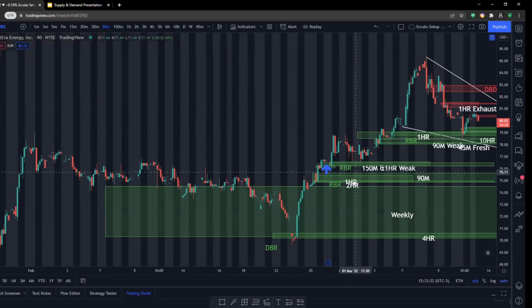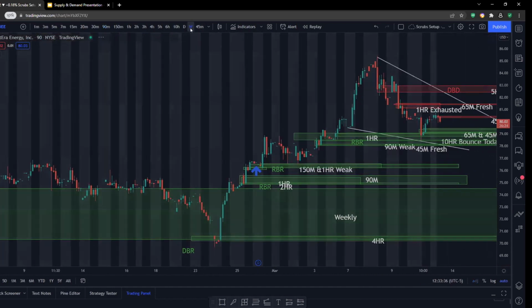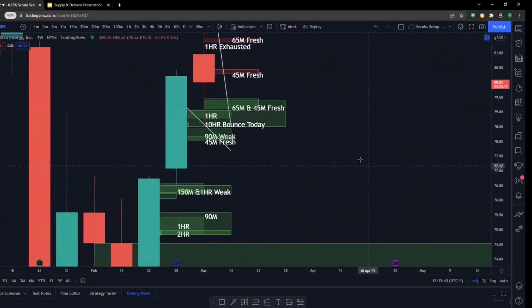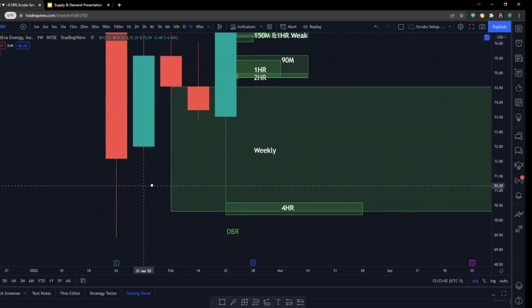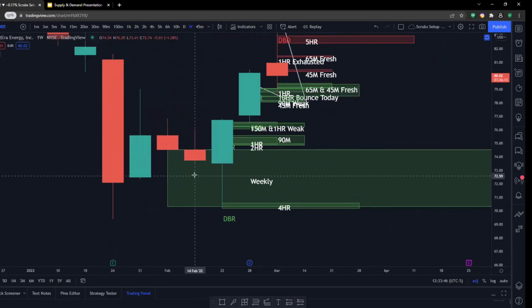Then let's go over to some demand areas. Let's do it from the top down. All right, so this is what is known as a drop, base, rally. This is creating demand, a surplus of demand, and not every buyer was able to get filled here, right?